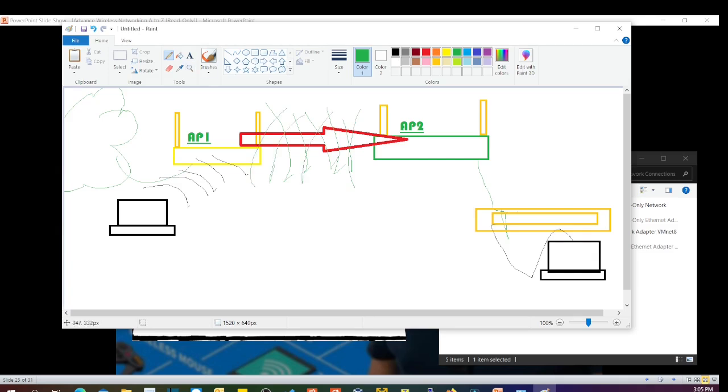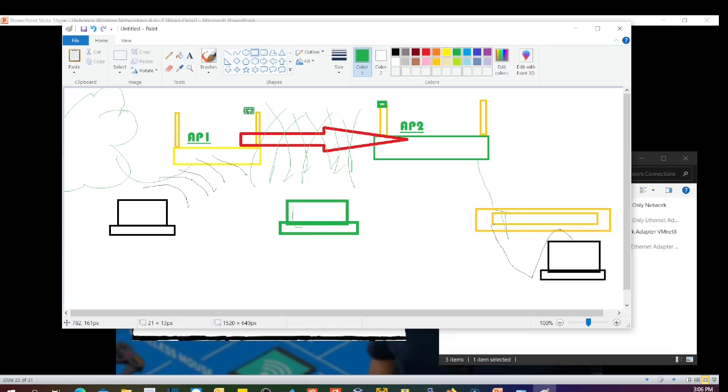If you put your computer here and you want to access the internet, you're not able to, because we configured these two access points as a bridge mode. It means I introduce this access point to that access point and that one back to this one. These two access points are communicating with one another.